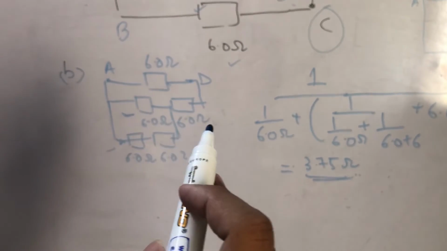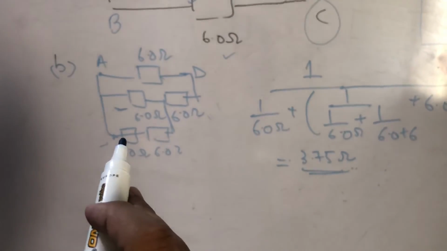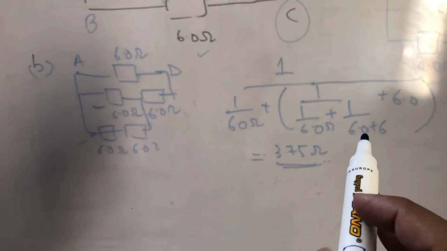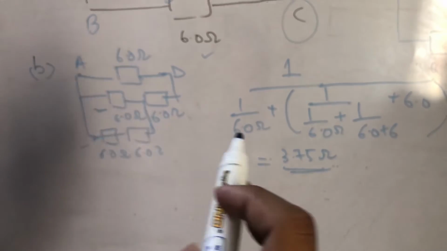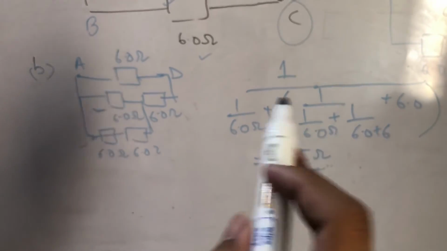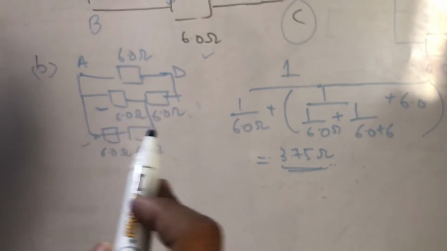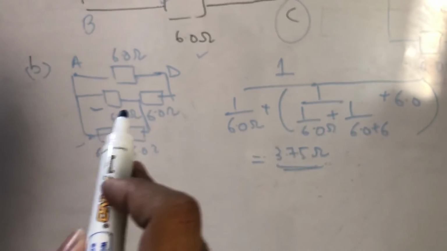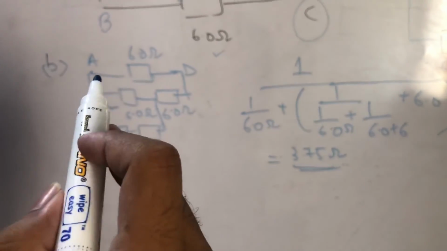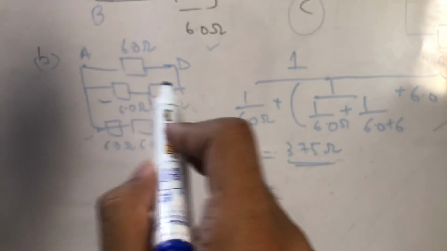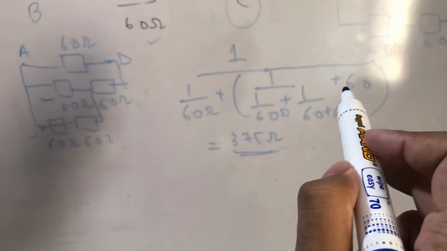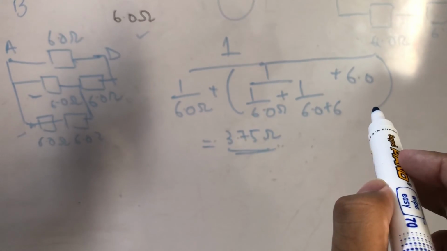For the second part, we have another thing in parallel, so I put 1 over 6 in parallel, and 1 over 6 is also in parallel. Then the 6 is in series in both of them. This whole circuit is in series with this resistor, so that's why I write 6 over here.